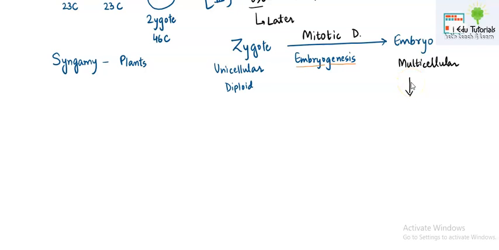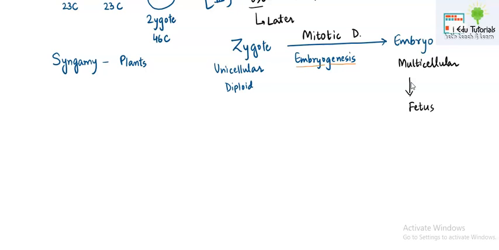In human beings, the embryo divides further to form the fetus. Now if the question comes, what is the difference between zygote, embryo and fetus in human beings? You need to answer: the zygote is the first diploid cell formed by the fusion of male and female gametes. The embryo is a multicellular structure that is formed from the zygote by mitotic divisions.